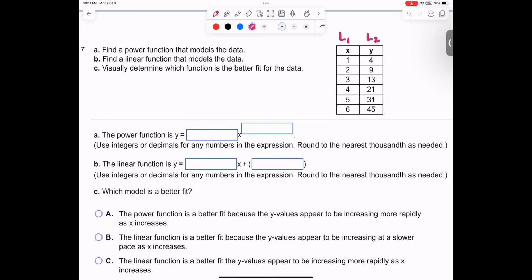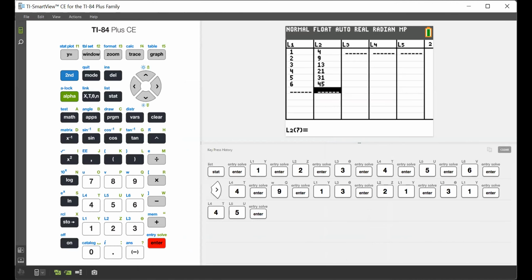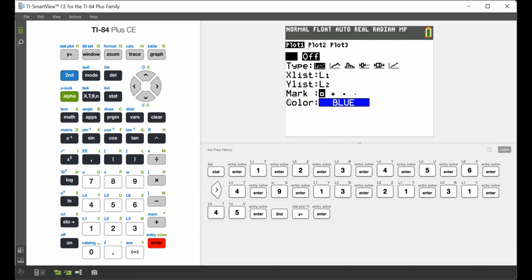Okay, so let me share my screen. All right, so I have the data in there. I need to go turn my stat plot back on because I turned it off just a minute ago. I'm going to go to my stat plots and turn that scatter plot back on, and then go to my zoom window and do a zoom 9.